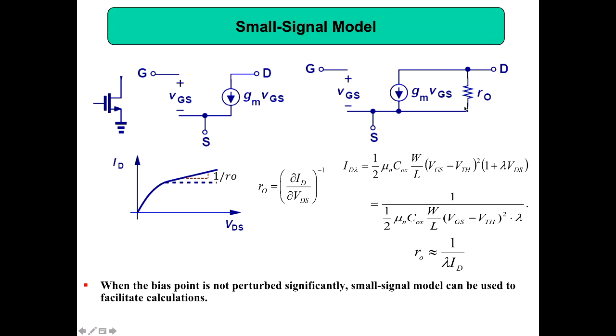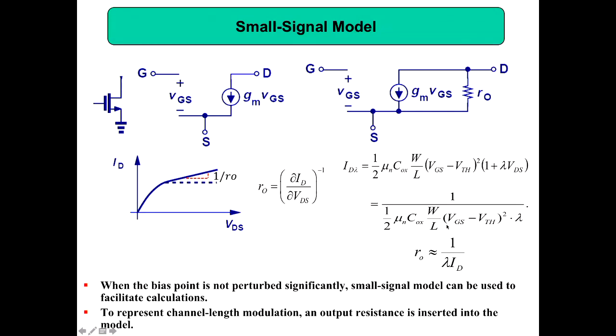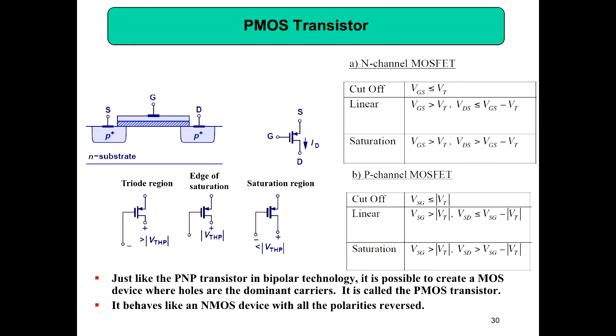If you are varying the drain voltage a lot when you connect your input signal, then you are operating in the large signal regime. But if your bias point is not perturbed significantly when you connect your signal, then you can say that it is in the small signal region. To represent the channel length modulation, an output resistance is inserted into the model, which we already know. For BJT, we inserted ro when we took into account the early effect.